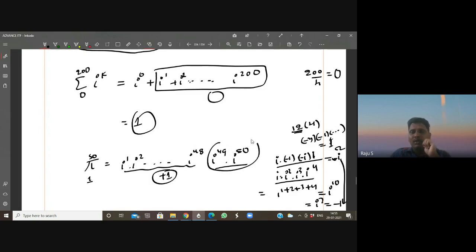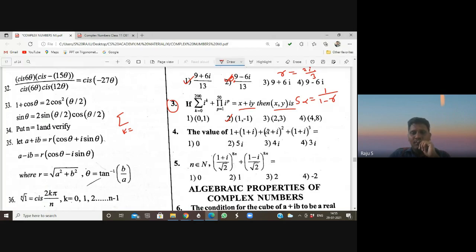Remaining are two values: i power 49 is i power 1, and i power 50 is i squared. So i times i squared is i cubed, which is minus i. This is 1, so 1 minus i. When we compare, the x value is 1 and the y value is minus 1.